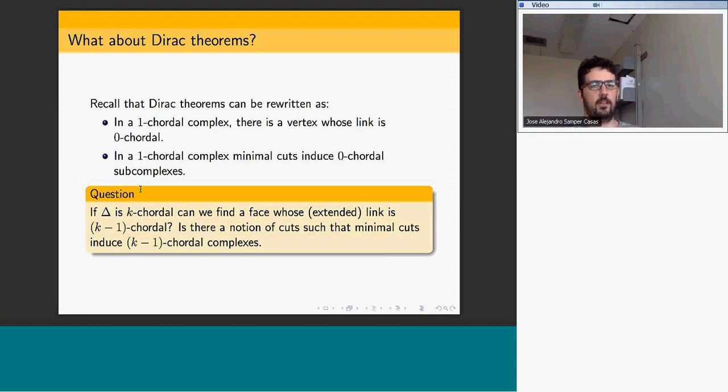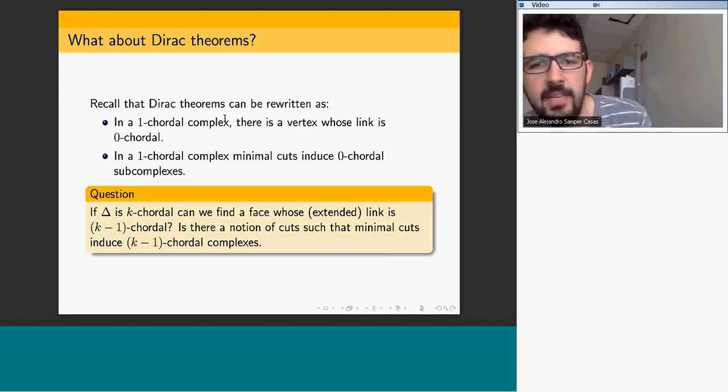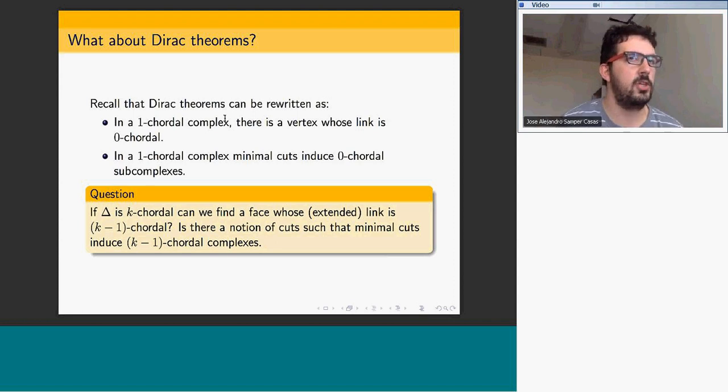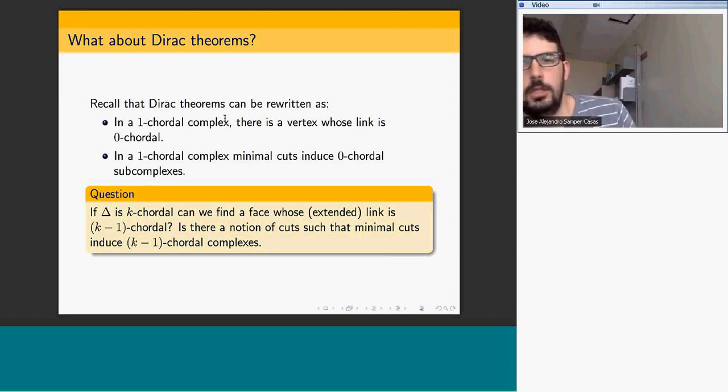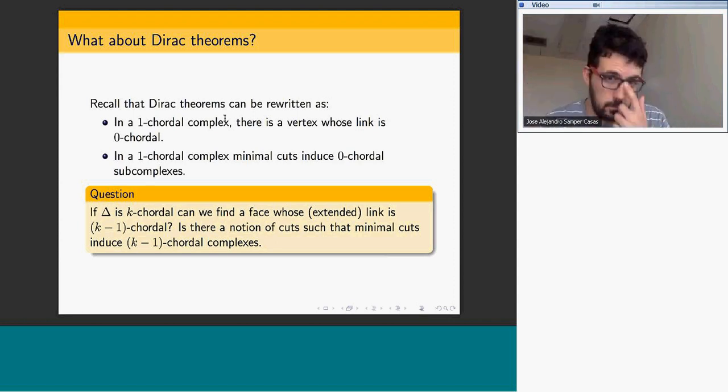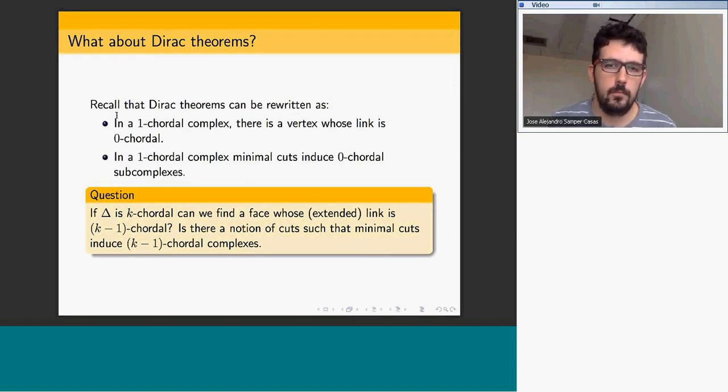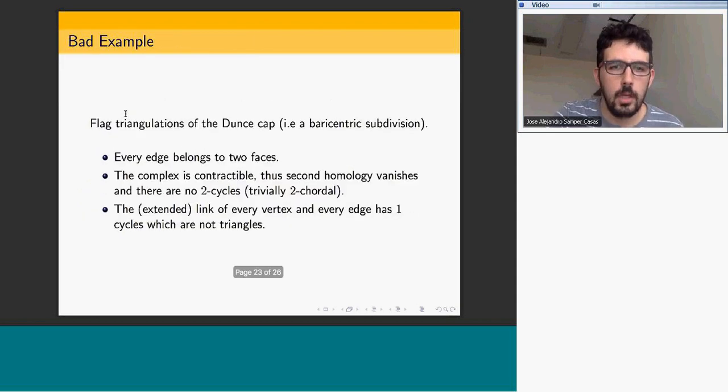If you look at the Dunce cap, which is glued together, you can search it on Wikipedia, or any contractible space which is not collapsible, you take the Dunce cap and take the barycentric subdivision or triangulation.